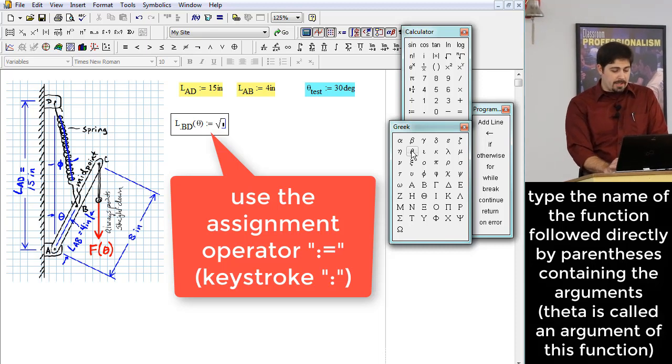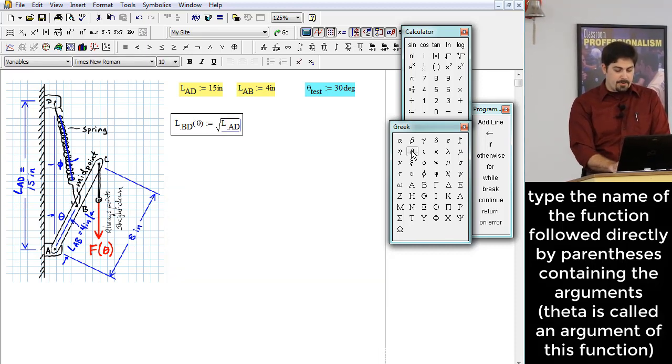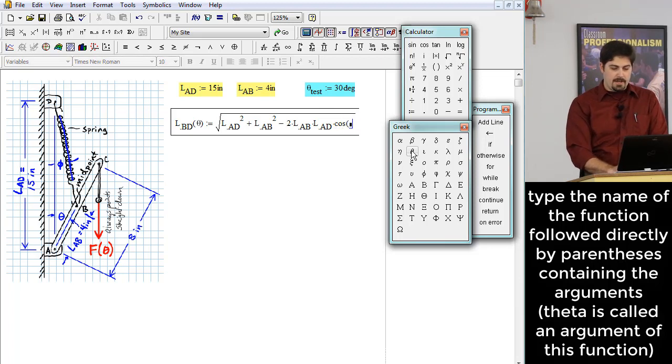Okay, we took the two lengths of the sides that we knew, so we have LAD, for instance, and we squared it. We added LAB, and we square that. Okay, then what? Minus 2 LAB times LAD times cosine of theta.